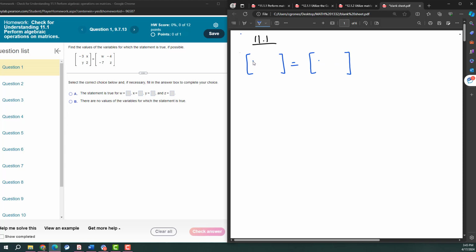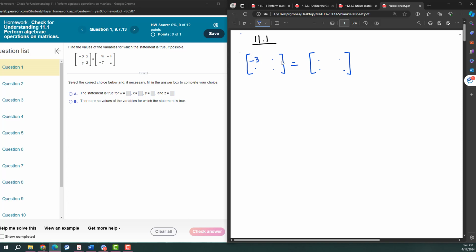So our first column, first row has to be the same in both of these matrices. Same thing for the second column, first row, and all the way across they have to match.